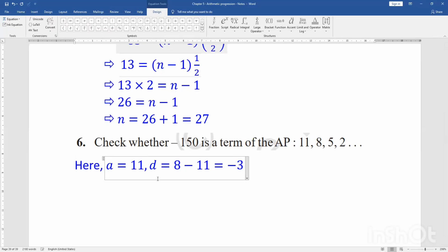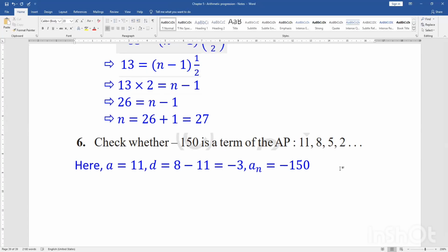And then what do you need to find now? We have an, right? Because they're asking you to check whether minus 150 is a term of the AP. So I take an as minus 150.